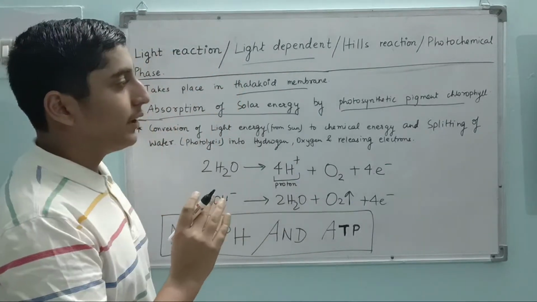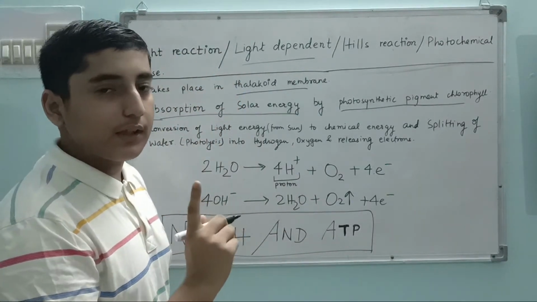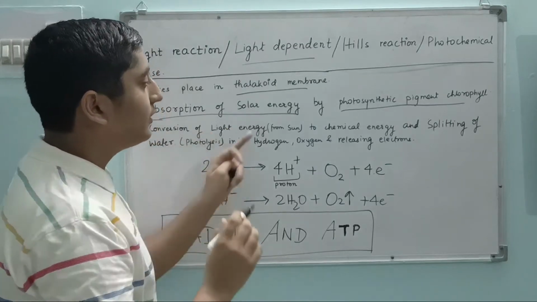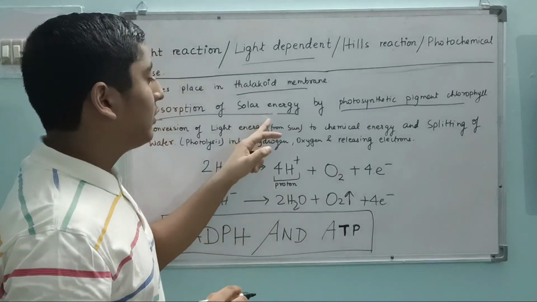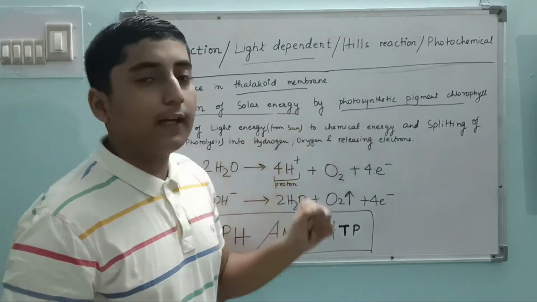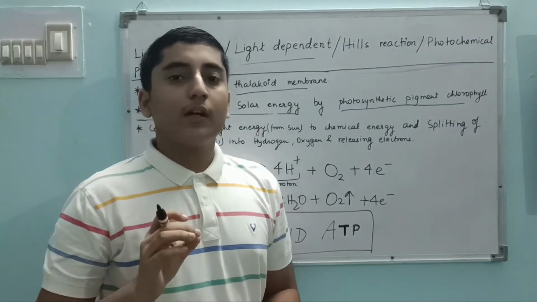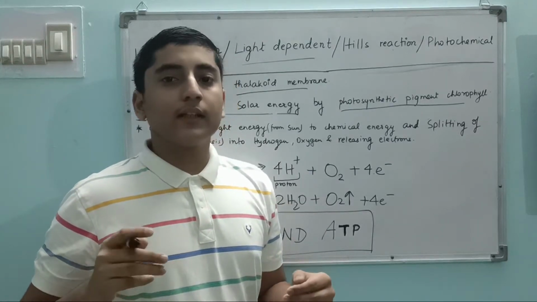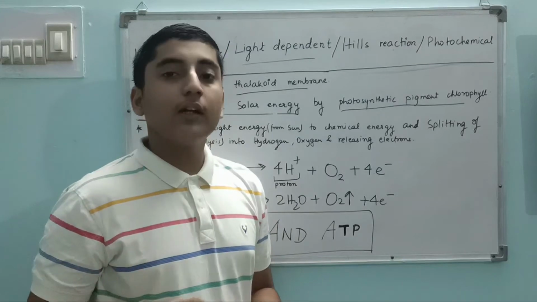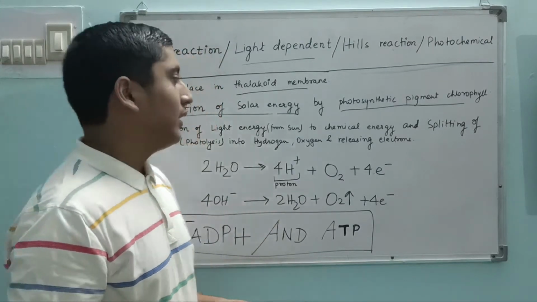So the first stage is absorption of solar energy. The energy coming from the sun is called solar energy. It is absorbed by the photosynthetic pigment chlorophyll, which is present in the plant, provides the green color, and helps in the absorption of solar energy.